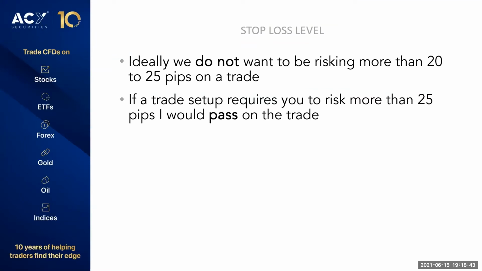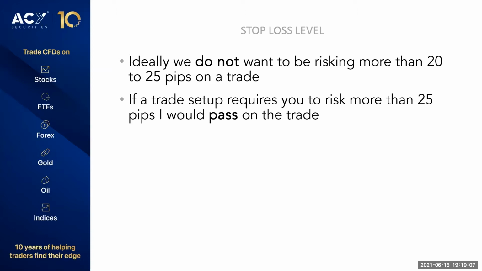But for me, if I was risking 20 pips on a trade, I wouldn't be risking more than 1 or 2% of my account. So even if I'm risking 50 pips on a trade, I still wouldn't be risking more than 1 to 2% of my account. I'd work out what trade size I would need accordingly to still have a limited risk on the setup, okay?